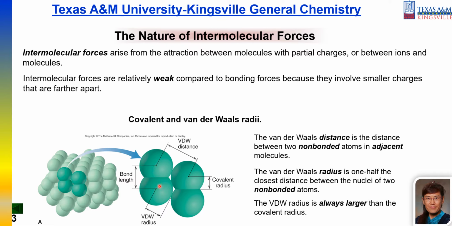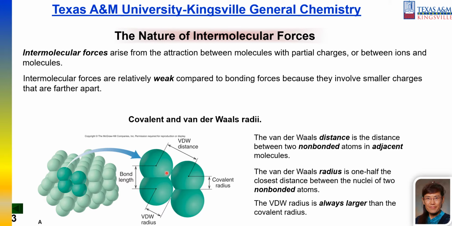This is one molecule. Between two molecules, assume this is chlorine, Cl2. You have chlorine and chlorine, each with nuclei, and those nuclei are in two different diatomic molecules.